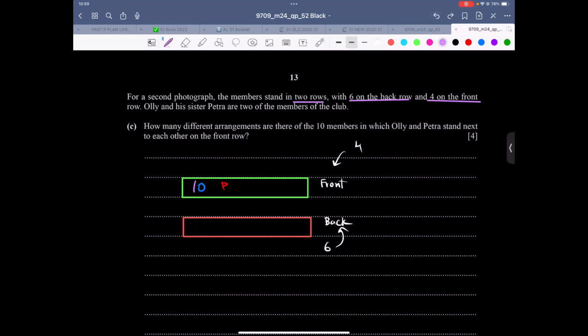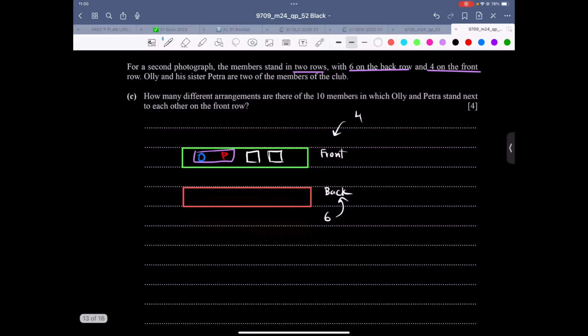So this is Ollie, this is Petra on the front row. Now, how many other people could be on the front row? There could be 2 other people on the front row. And for the back row, as such, there is no issue. So at the back row, I have 1, 2, 3, 4, 5, 6. That is 6 people. That will be 6 factorial, but that will come later on.